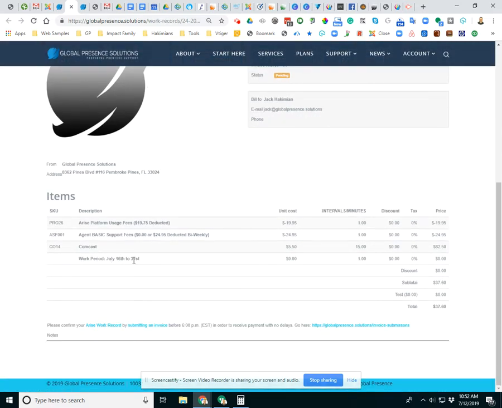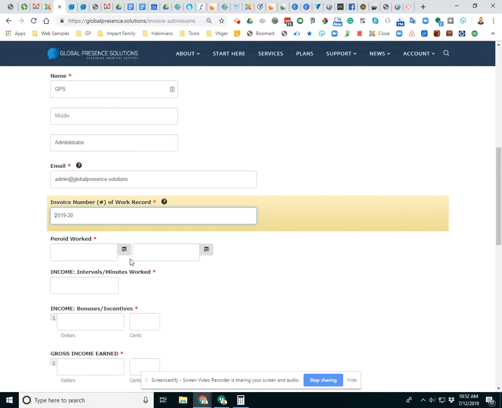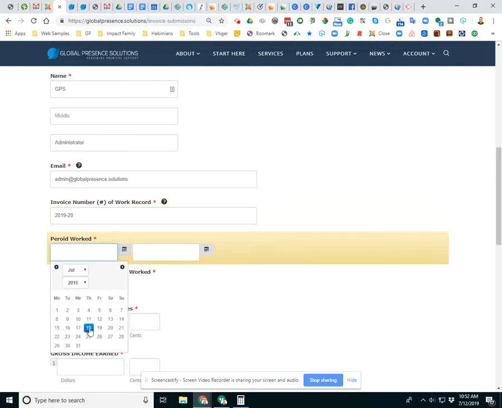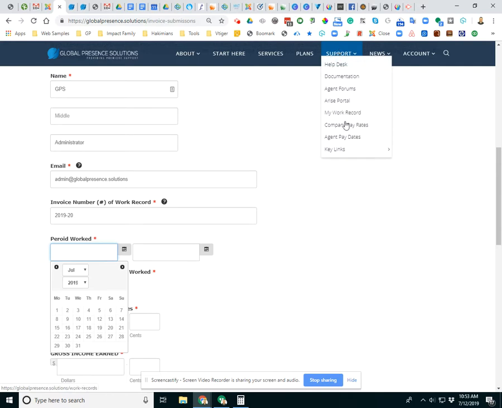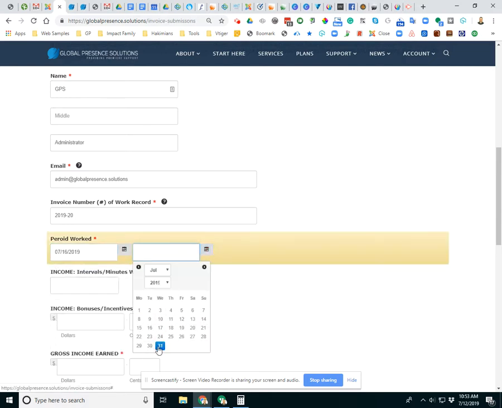So it'll be right here, July 16th to 31st. So basically, remember, Arise pays us for work done from the 1st to the 15th, and usually payment comes a week or so after. And then work done from the 16th to the last day of the month, you get paid anywhere between the 1st and the 15th of the next month. And we have the agent pay dates right here. There's a calendar. Okay, so this one is for July 16th to the 31st.